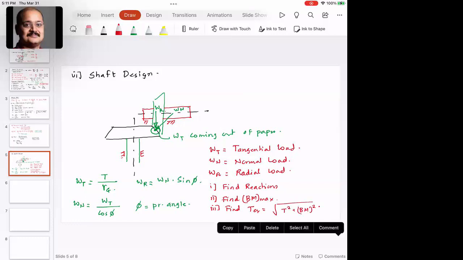And step four is using the equation tau is equal to TEQ divided by J multiplied by R. We have been using the exact same steps so far when we designed the spur gear or the helical gear. Now, let me quickly repeat the process, and then if there are no questions, I will go ahead and quickly work out a problem.